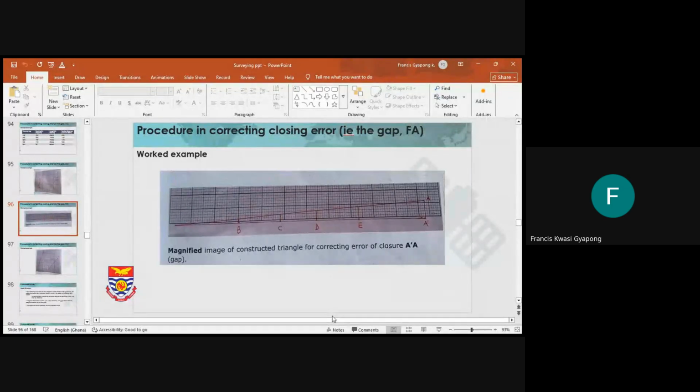You see the tip of the first line that you drew at B, the small line 0.2 that you drew. The tip of it.